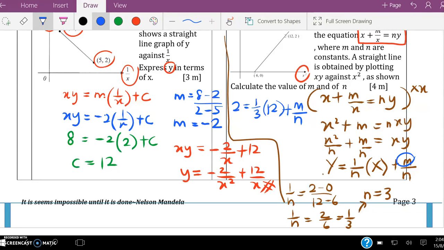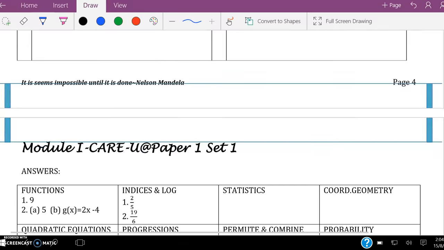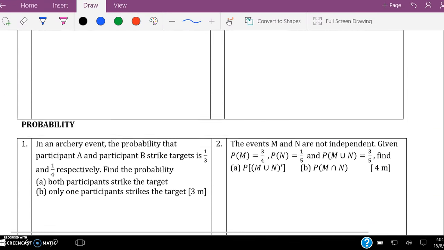So m over n is 2 minus 4, which is negative 2. Since n is 3, negative 2 times 3, m is 6. So m is 6, n is 3. Now let's go on to the final page, that is page 4.